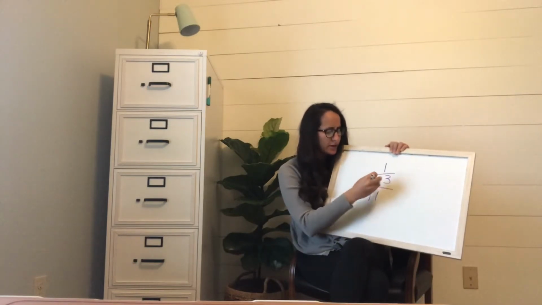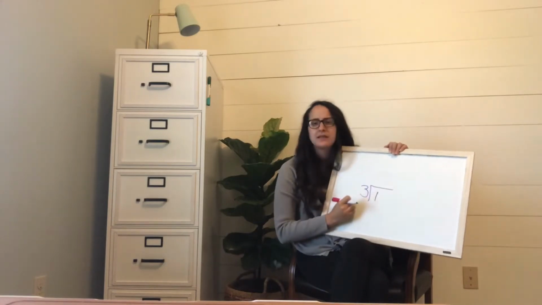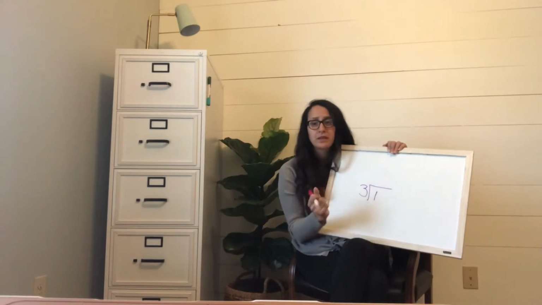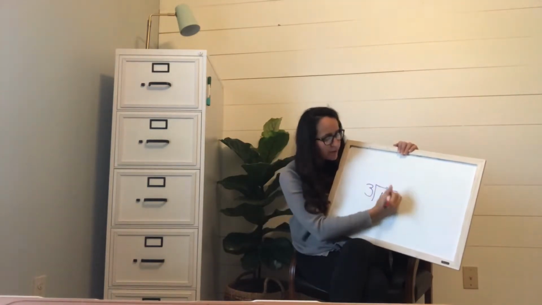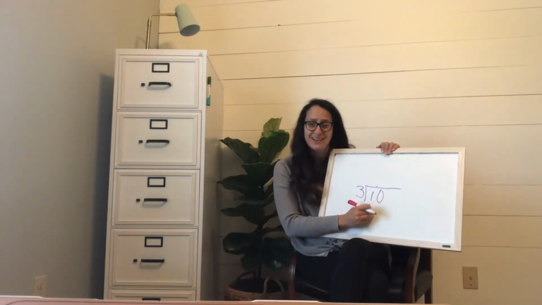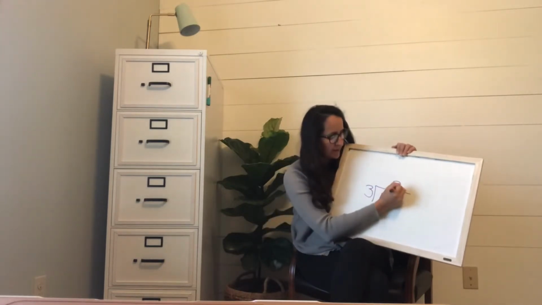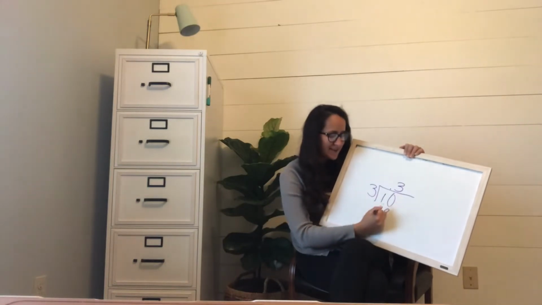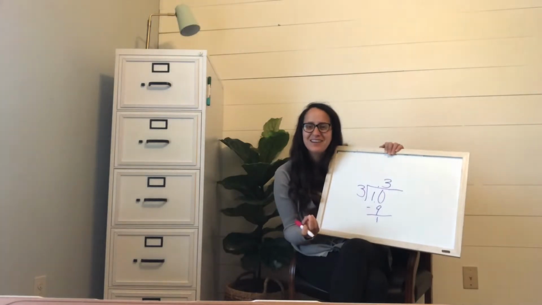Obviously we cannot put 3 into 1. It's not going to happen. So we're going to annex a 0 that you are oh so familiar with. And 3 will go into 10 now. How many times? 3. Right, so we write 3. 3 times 3 is 9. 10 minus 9 is 1. Are you already starting to see a pattern here?